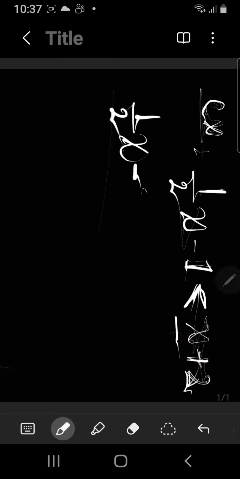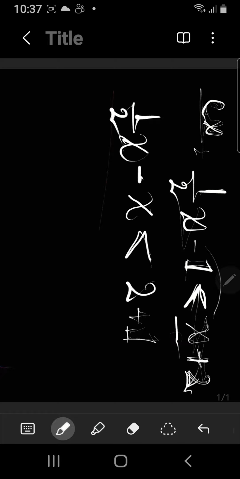It will be minus x, less than 2 on the same side, and then transfer negative 1 to the other side. It will be plus 1. You can solve it by using 4 steps or 2 or 3 steps as you like.